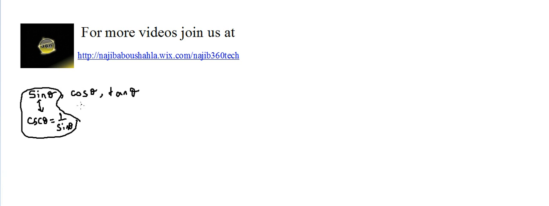The cosine and the secant theta, which is 1 over cosine theta, take the same sign, and tangent and cotangent, which is 1 over tangent theta, take the same sign, right?